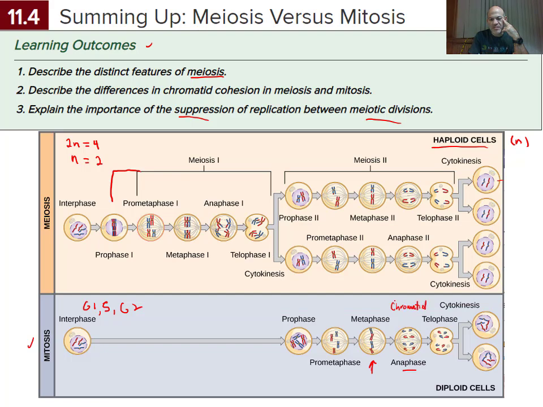So chromatid separation here for mitosis, and then telophase, the chromosomes uncoil, the nuclear envelope reforms, and then you end up with 2 diploid cells. And there are no genetic recombination mechanisms here, so these 2 cells are clones. They're exact copies of each other genetically.